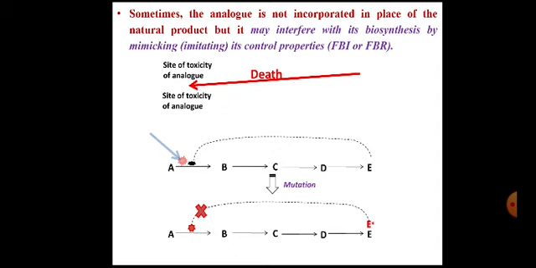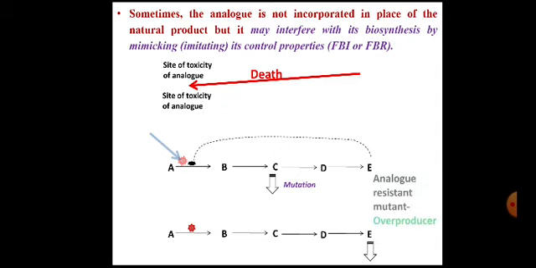This organism will be called an analog resistant mutant, which will be an overproducer of E, that is the end product. That is the strategy. In this case we can see that the mutant is synthesizing an enzyme which is resistant to the analog, and if it is resistant to the analog it will show resistance to E. This is how the control will be lifted, and there will be overproduction of the end product of the unbranched pathway.